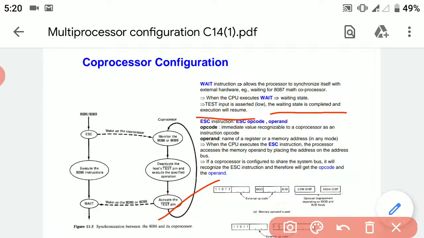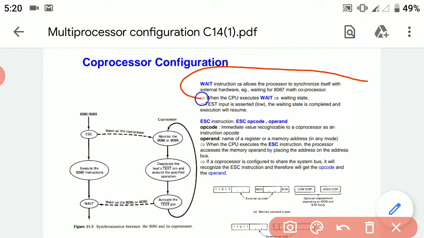Whenever the test pin is activated, the wait instruction is executed by the main processor. This wait instruction allows the processor to synchronize itself with external hardware.